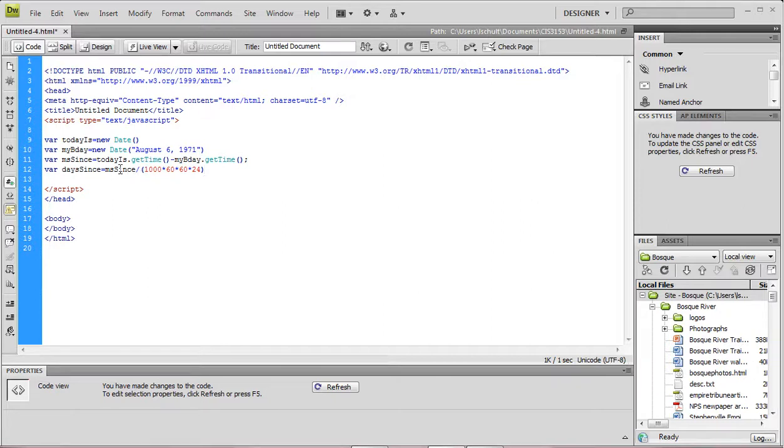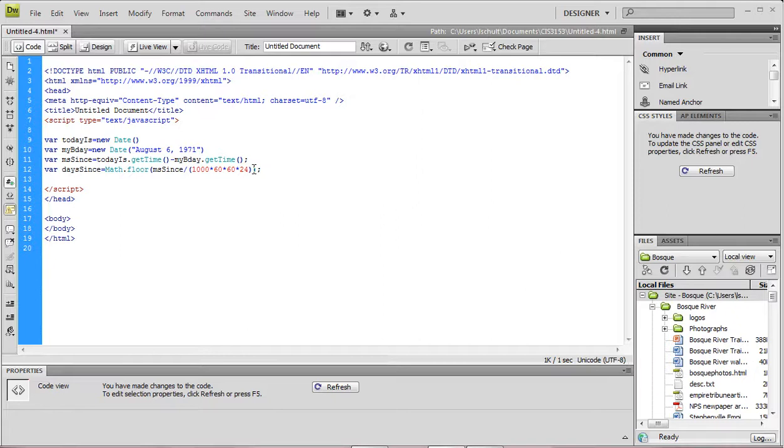So when we do that, we're going to end up with a fraction probably from this division. So we're going to go ahead and round that whole answer using the math object, and we're going to round it to the floor. We're going to round down, and we need to put all of that in parentheses.